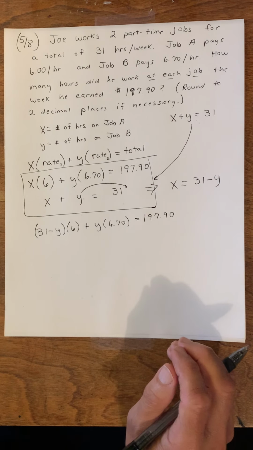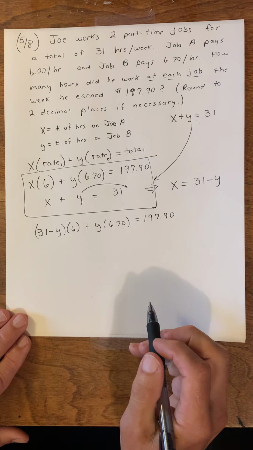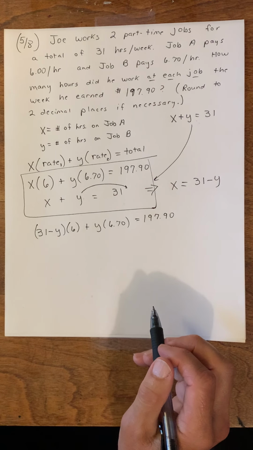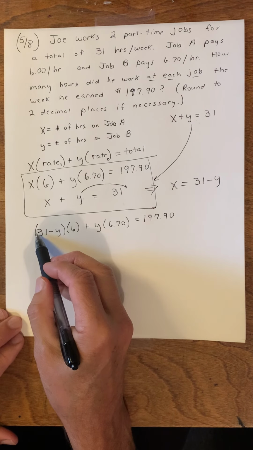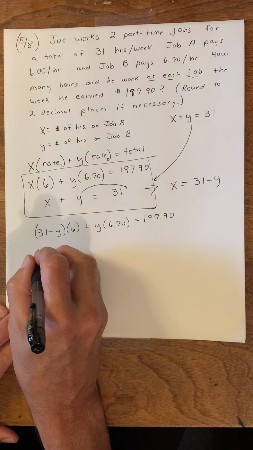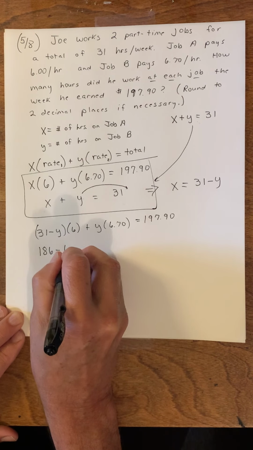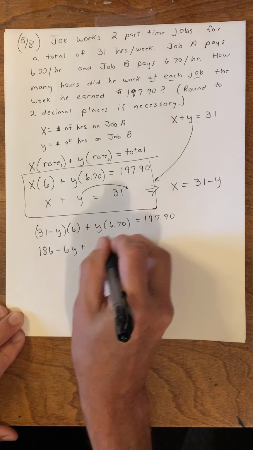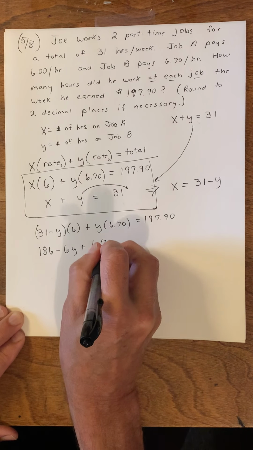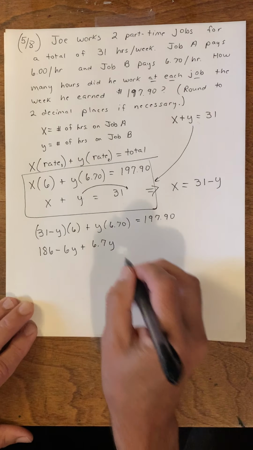And you're probably going to need your calculator here because you got some decimals going. So get your calculator handy. 6 times 31 is 186 minus 6y, plus 6.7y.